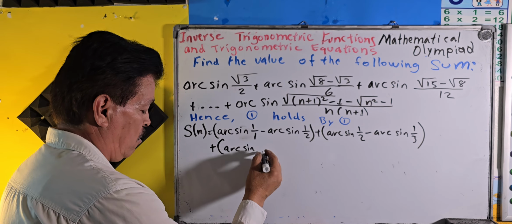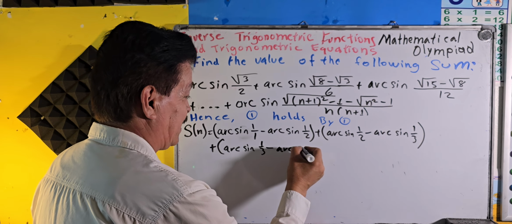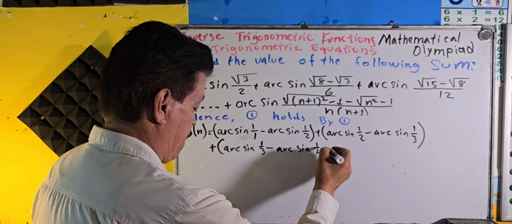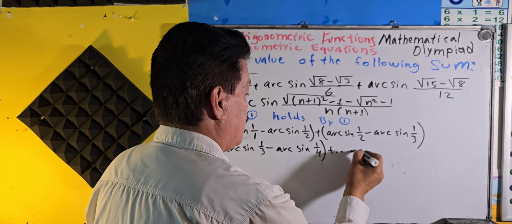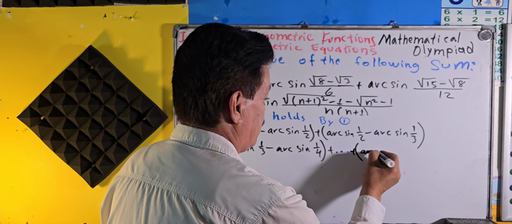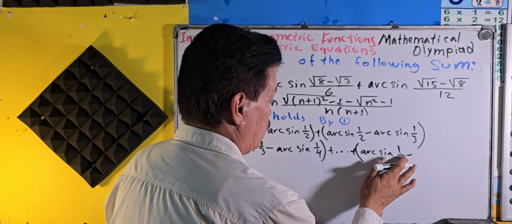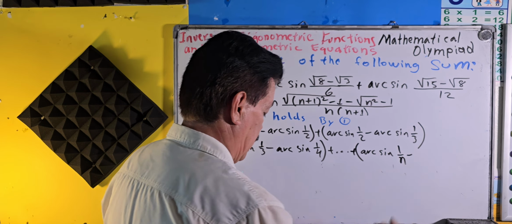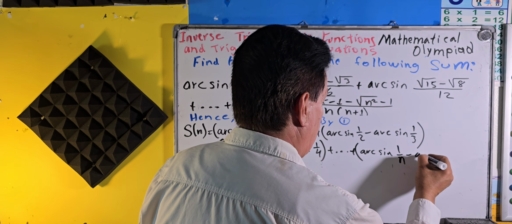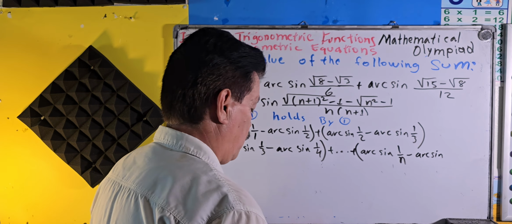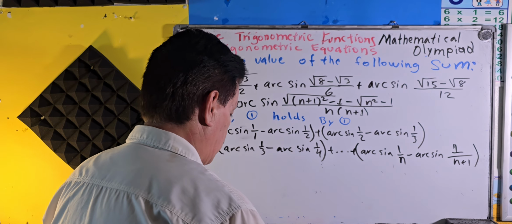Arc sine of 1/3 minus arc sine of 1/4, plus, remember these points, plus we will have here arc sine of 1 divided by n, minus arc sine of 1 divided by n plus 1, right?